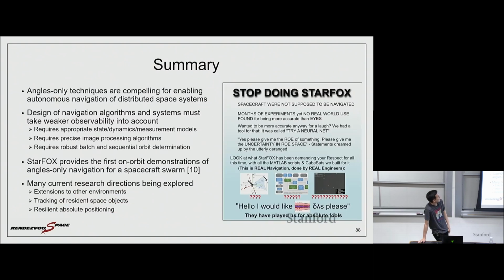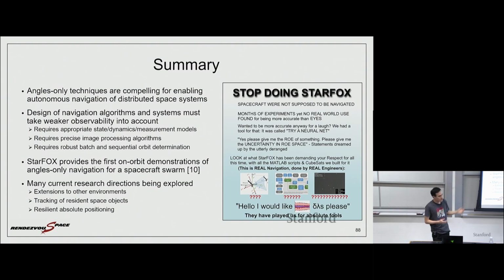And in summary, angles-only techniques are compelling, I think, for enabling distributed space systems. But really the problem is that angles-only navigation is very weakly observable. So you have to take that into account at every stage, from the system design to your image processing to your orbit estimation algorithms.